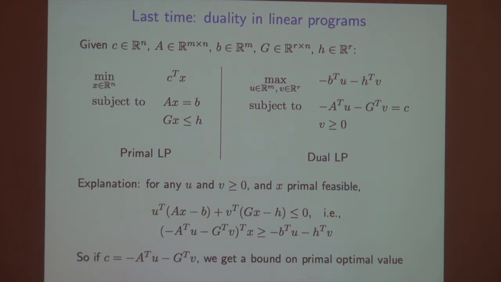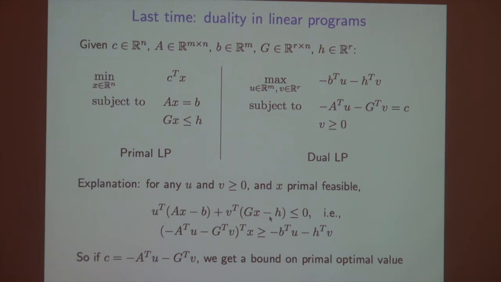And we had this idea that if we took the sum of the products of the dual variables u with Ax minus b, and of the dual variables v with Gx minus h, then that's always less than or equal to 0. Because if x was feasible, then Ax is equal to b, so this part's 0.